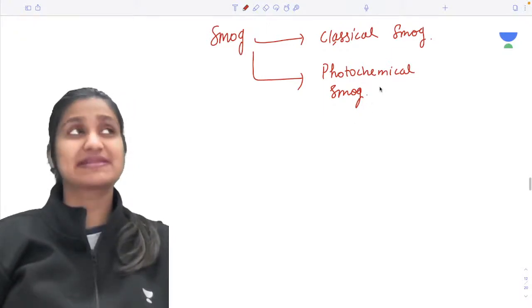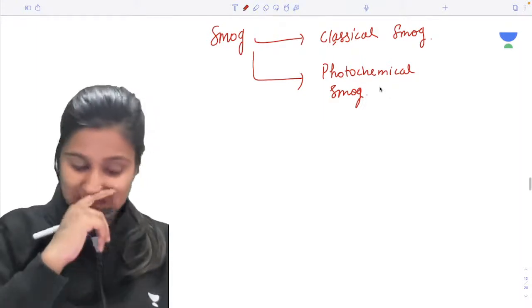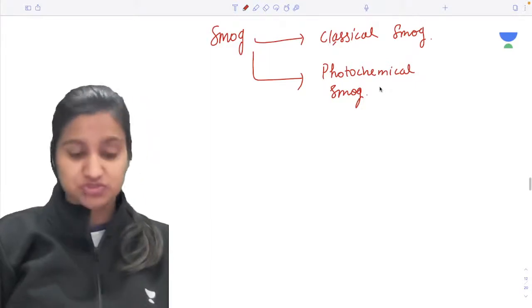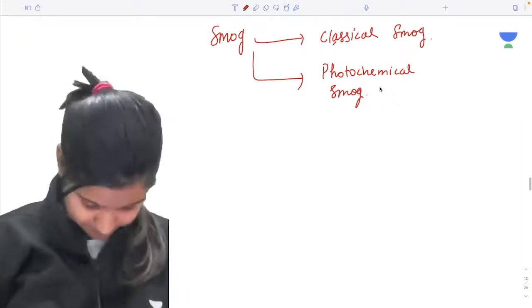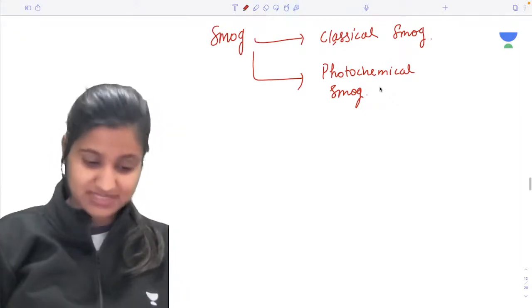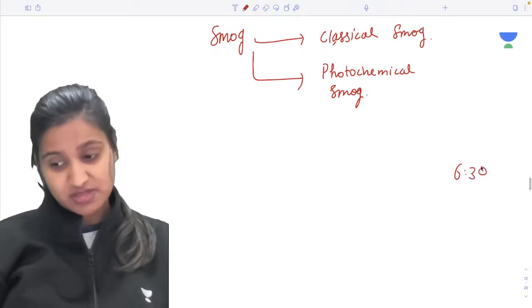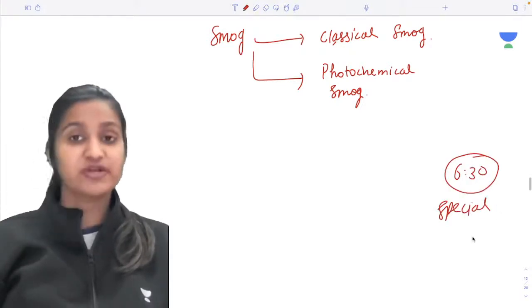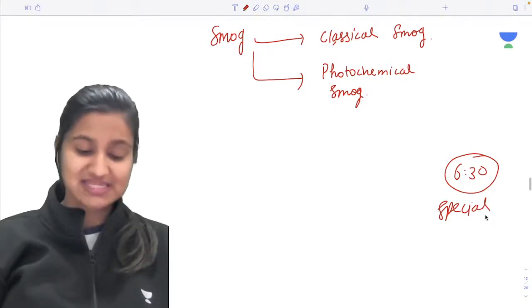Do I have a class? Just give me a moment to check something. Yes, I have a class at 6:30. That's what I was checking, and that's a special class, meaning it is free for everyone. The topic for today is compounds containing nitrogen.